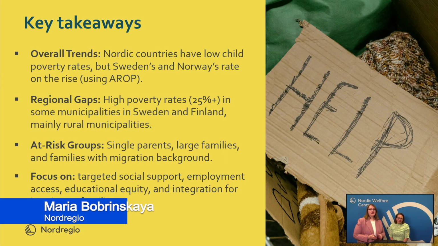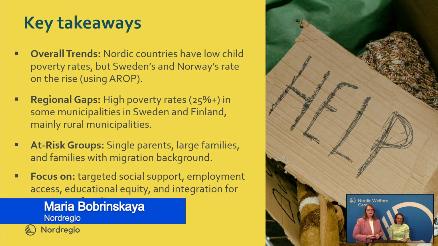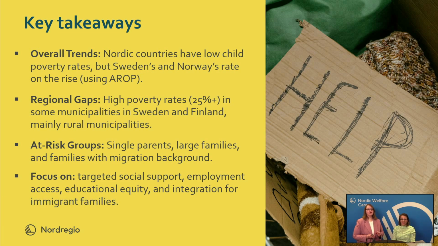So, summing up some key findings in this study, we can say that overall trends for the Nordics are as follows. Nordic countries have low child poverty rates compared to the European average, but if measuring using AROP, Sweden and Norway rates are on the rise. At the same time, we can see that there are a lot of regional disparities.